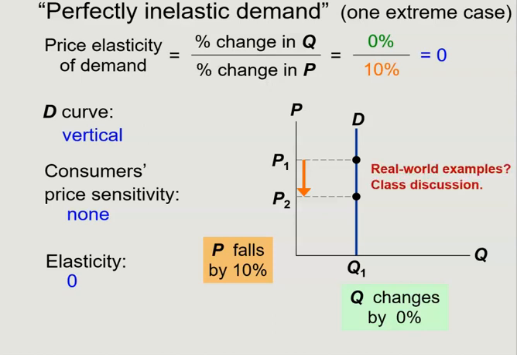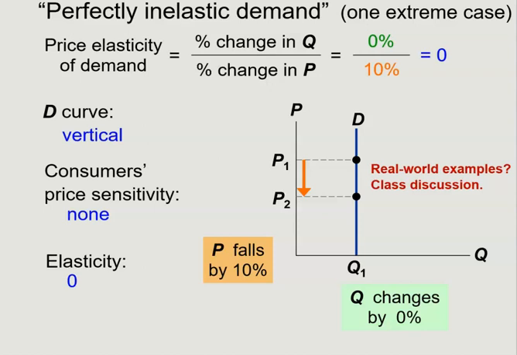So here I would encourage you to come up with real-world examples for a vertical, perfectly inelastic demand, and then we're going to discuss this in class. Now, what I would like to tell you ahead of time is it might be quite challenging to come up with a strictly applicable case.